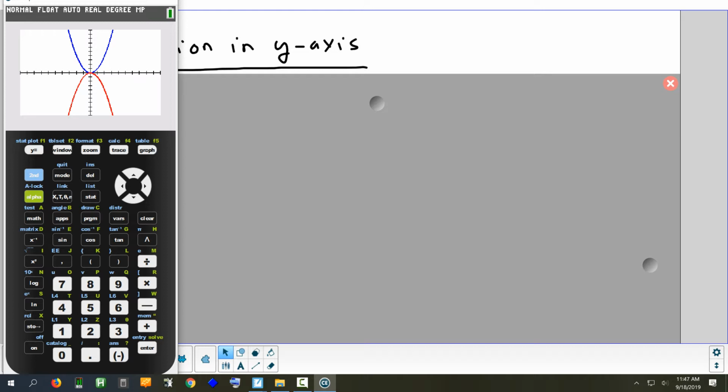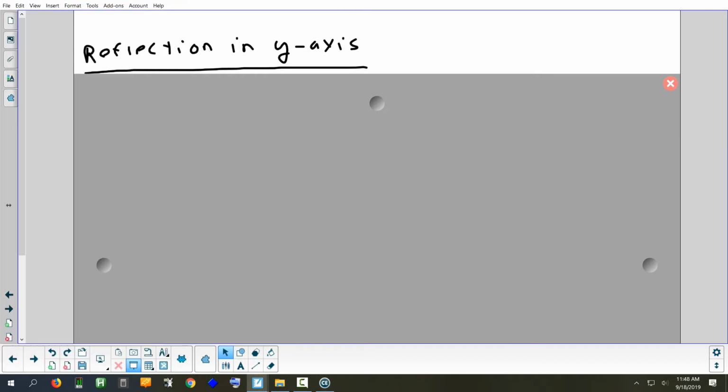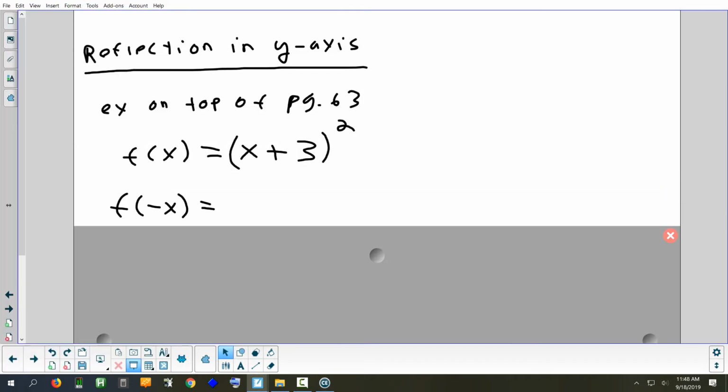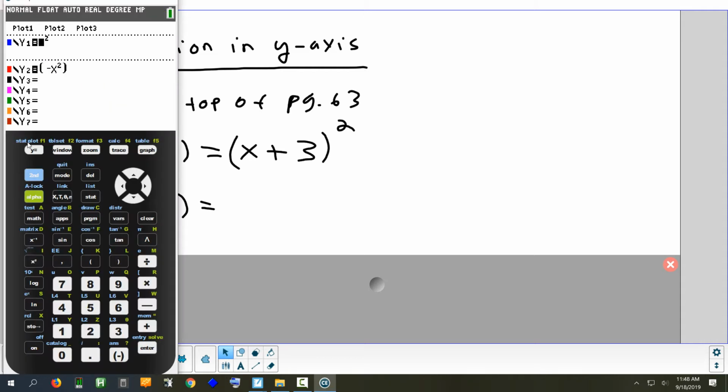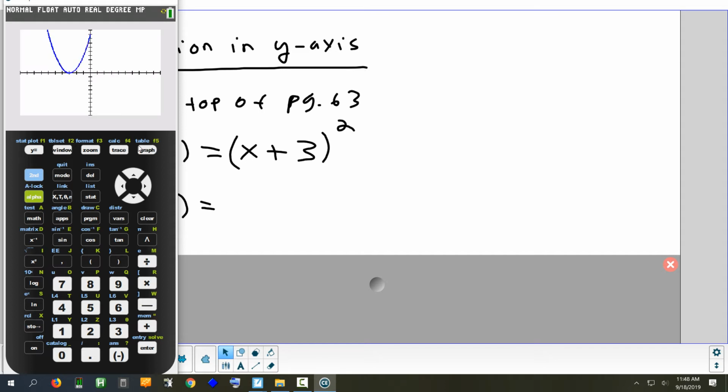Now, this one's not a real good one to tell, but let's try this. Instead of putting a negative in front, so here's your original. Here's what happens when you throw a negative in front. This is what we did yesterday. So that's just going to be the original, and then a mirror image over the x.